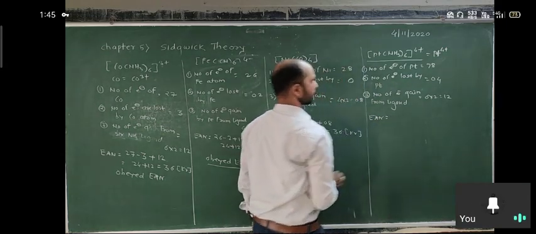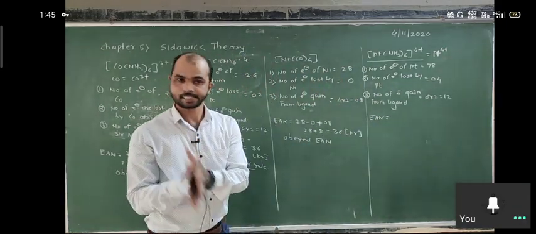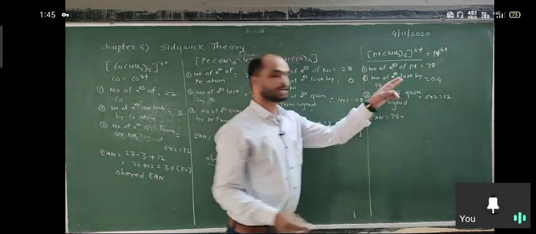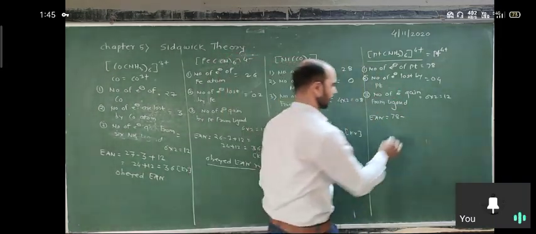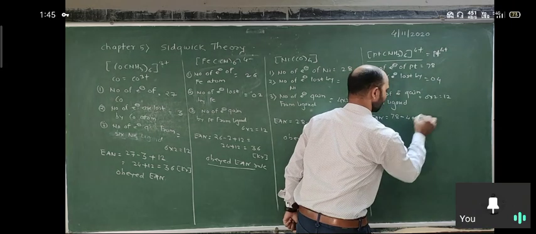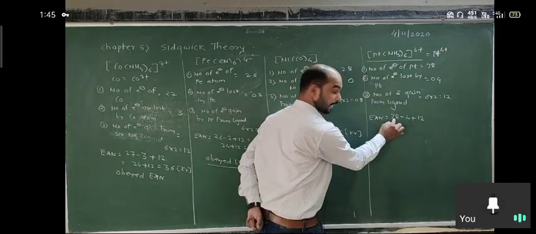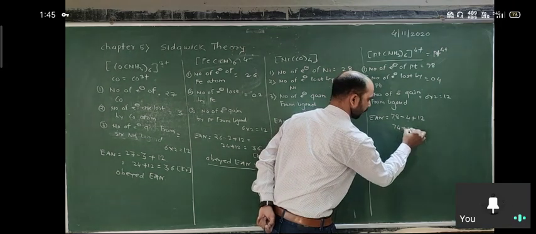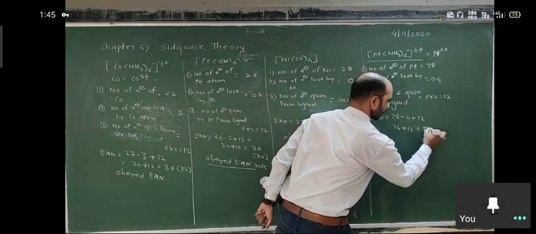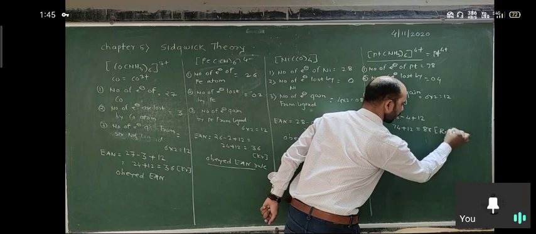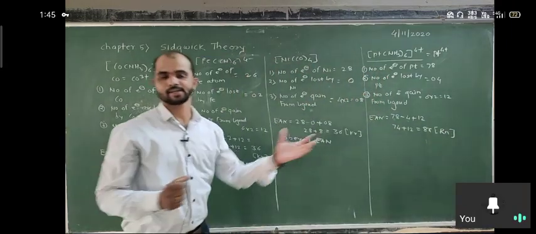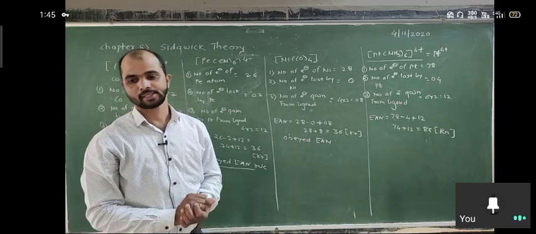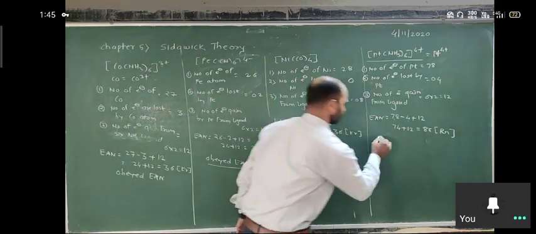EAN is equal to number of electrons of metal 78 minus number of electrons lost, 4 electrons are lost, plus 12 electrons gained. So 78 minus 4 is equal to 74, plus 12 is equal to 86. 86 is the atomic number of radon, the inert gas. That means again the complex obeys the EAN rule.